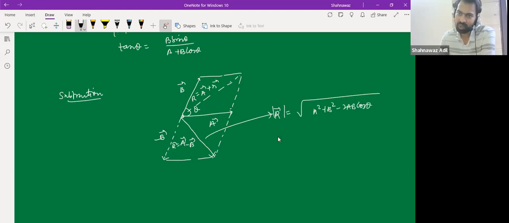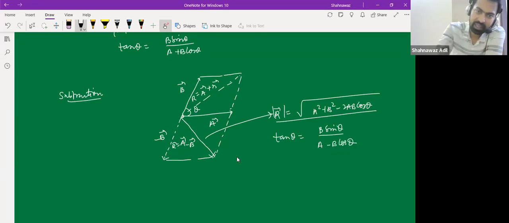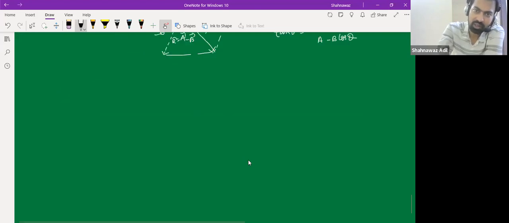So this is the magnitude, and the angle is how much? This is B sin theta and A minus B cos theta. This we learned.